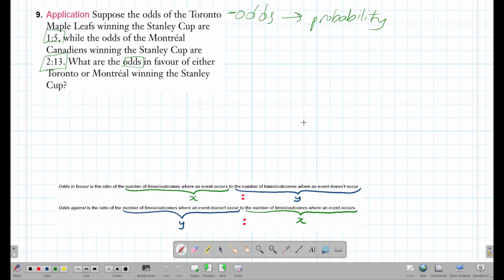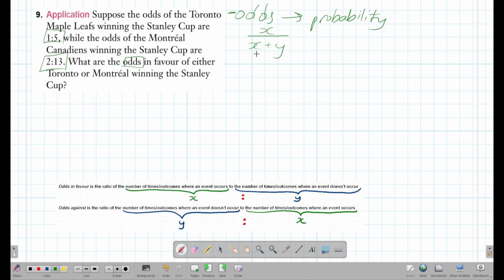We're going to do that by adding our x and y, that's going to be our denominator, and in the numerator we put an x. This is for odds in favor. If you don't understand this, I recommend you watch the video for number 8, because there I go a little bit more in depth into how we get probability from odds.